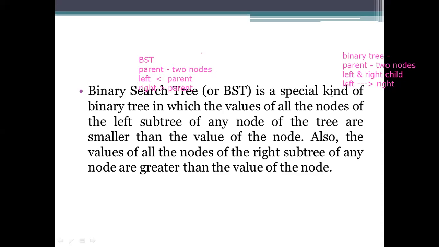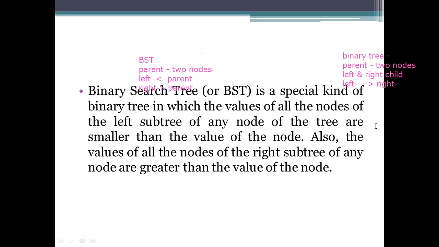So a binary tree is a tree which consists of a parent or root node, and it has children, which are two nodes only. These two nodes act as the left child and the right child. Based on the property of specification, we say which type it belongs to.